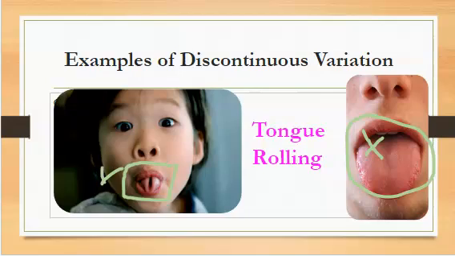But what we are saying here is that this is a trait that is definite. There are no intermediate forms. There is no in between. It's not like you can be a medium tongue roller and a non-tongue roller. It's either you're a tongue roller or not.